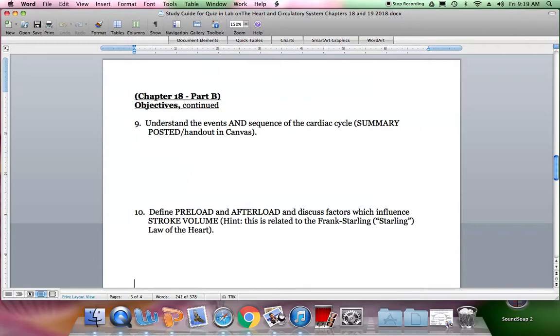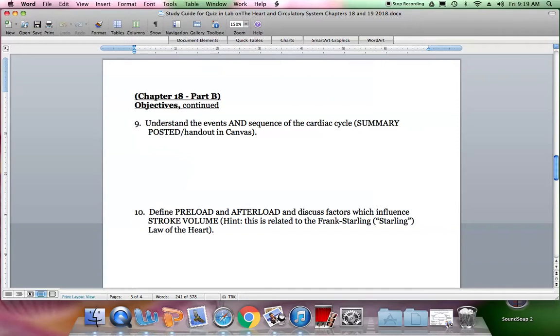But in a nutshell, preload is basically the stretch of the cardiac muscle fibers just before the contraction of the heart, and we're most interested in the stretch of the muscle fibers in the ventricles. When more blood returns to the heart, comes into the atria and then goes down to the ventricles, it will stretch those muscle fibers even more, and that's going to result in a larger stroke volume.